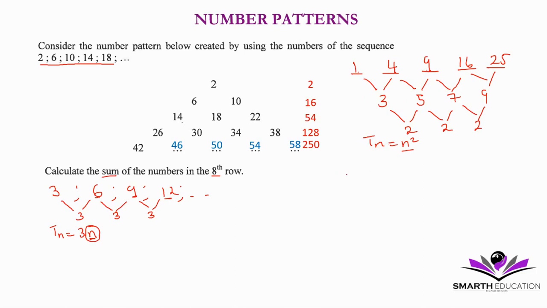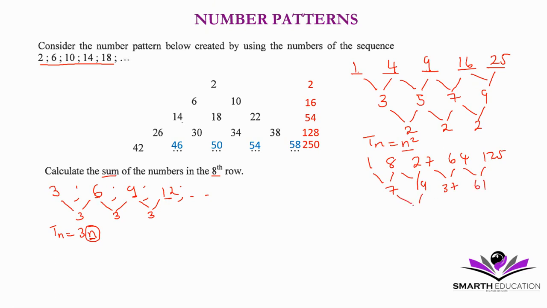Then when it comes to the cubic sequence, let me give you a simpler one. 1, 8, 27, 64, 125. First differences: 7 there, 19 there, 27 minus 8 is 19, 64 minus 27 is 37, 125 minus 64 is 61.